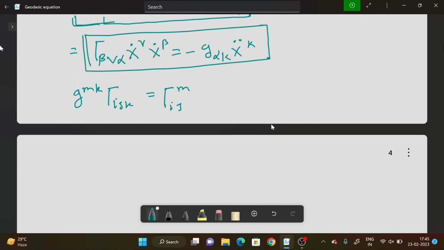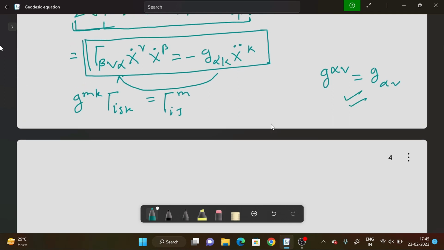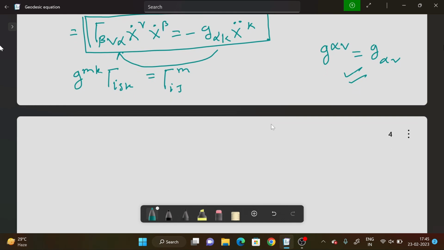We have a metric tensor over here, and if we bring the metric tensor to this side of the equation, nothing changes because the inverse of the metric tensor is similar to the metric tensor itself, right? This property holds with the metric tensor. So we can write this equation as, say, g alpha k and Christoffel symbol with the index beta, nu and alpha, x dot nu x dot beta plus x double dot k is equal to 0.